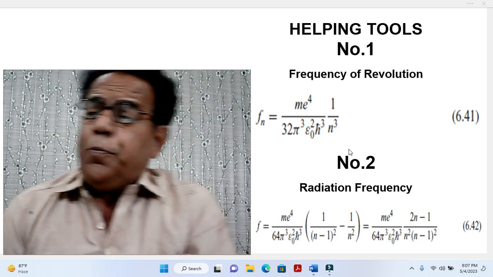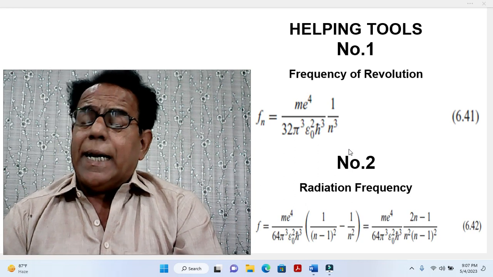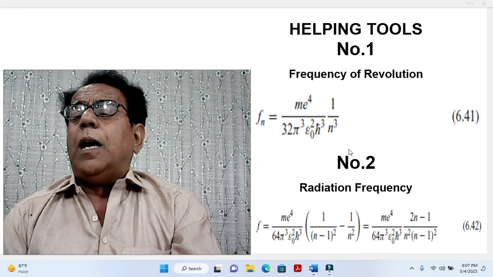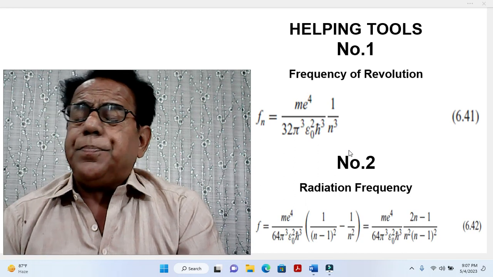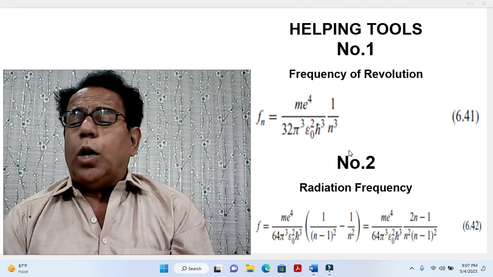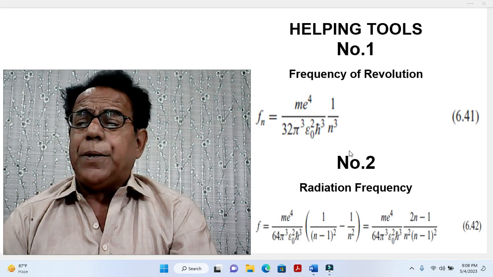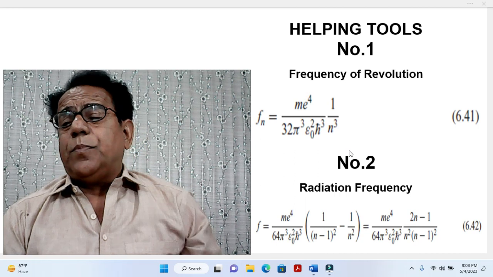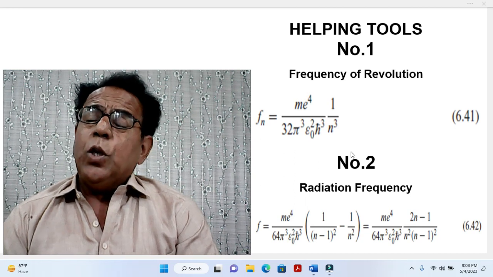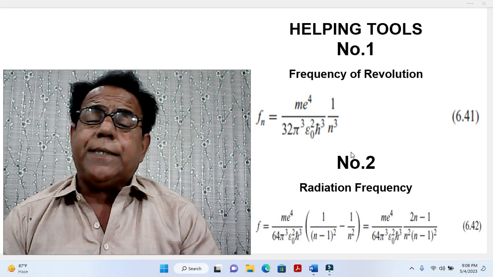Here, to the extent of tool number 1, it can be said that the first and direct method of solving this expression is just putting in all the values of these physical constants and then solving. But in that case, definitely we will face enough complications, because when we use the value of some physical constant, it does not mean that we are just using its value.